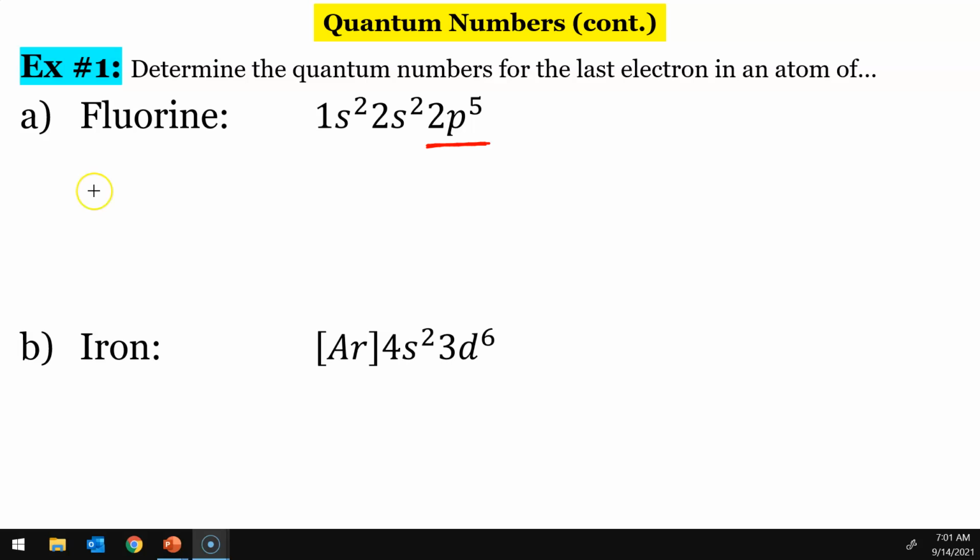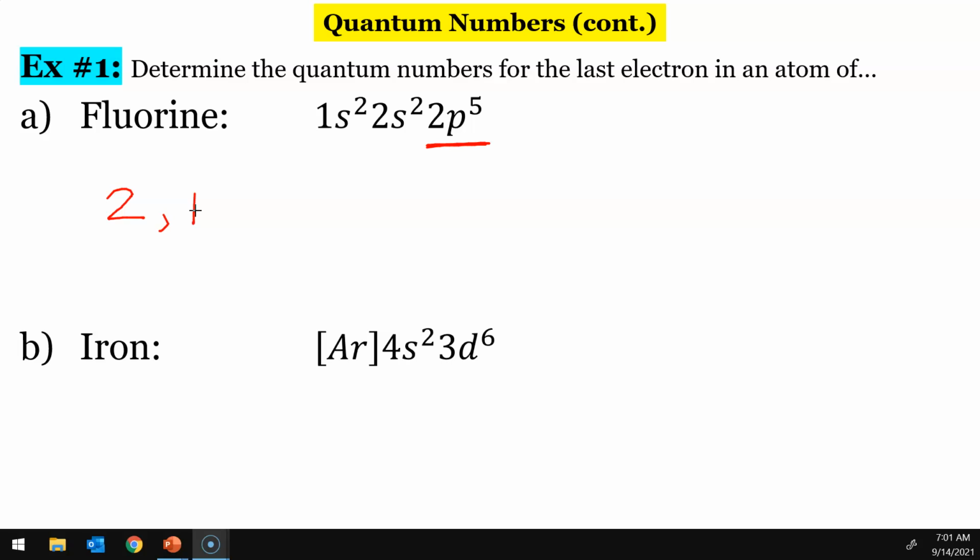Let's start with the first number. Our first number comes from the 2. It's in the second energy level. P will give a value, the second number, of 1. That comes straight from that table.